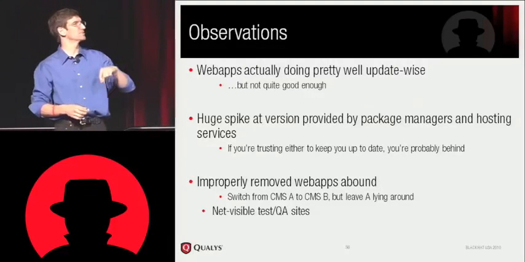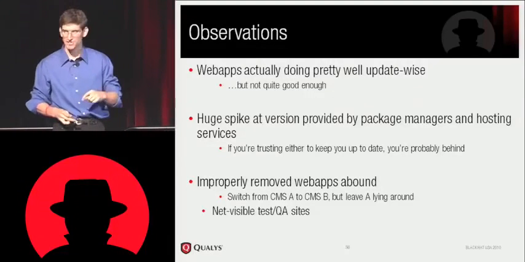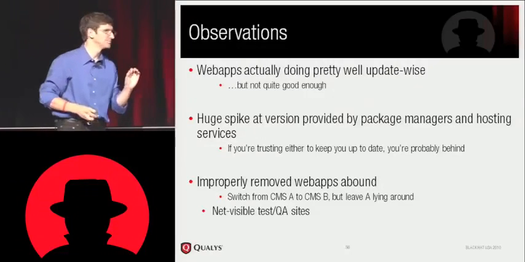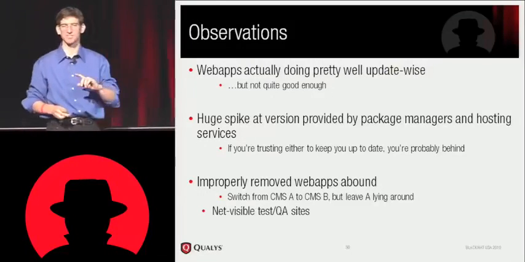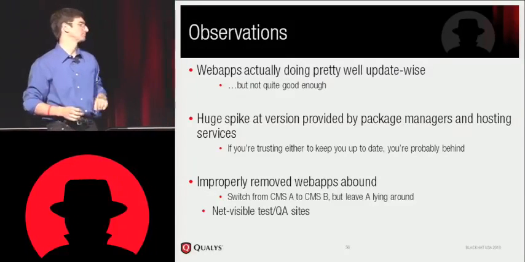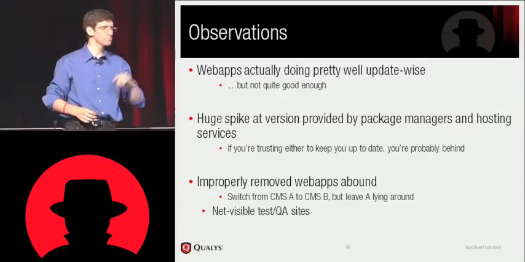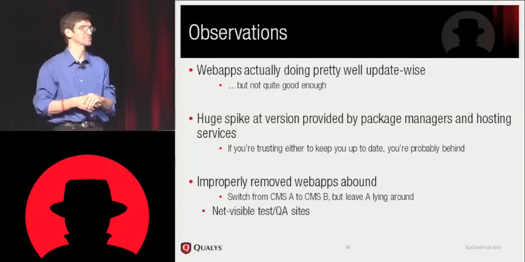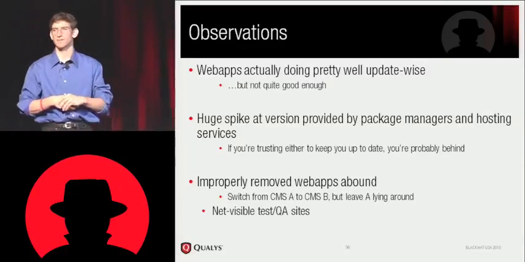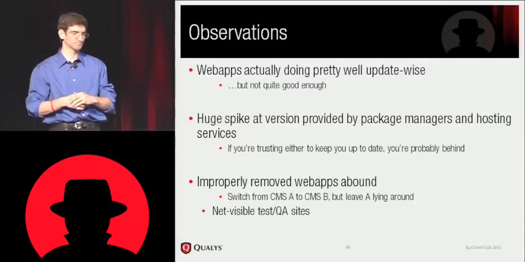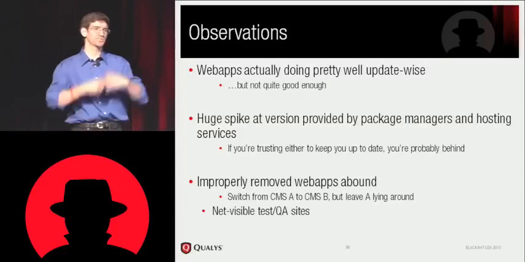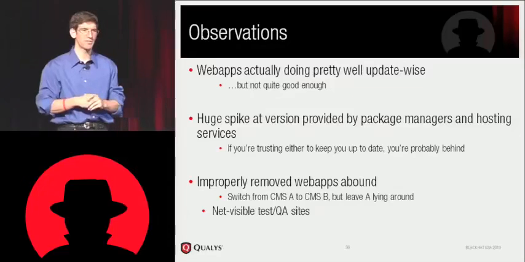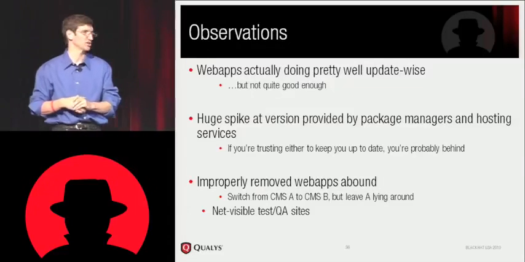There is a possibility some of those were backporting the patches, but that's not happening in a lot of cases. We can go back and see if it changes the numbers too much. I don't think it will. Also, improperly removed web apps. Saw this in a number of cases. If a site installed Drupal and then 6 months later decided they wanted to go to Joomla, they would just install the new one right on top of it, replace the index.php and call it good.